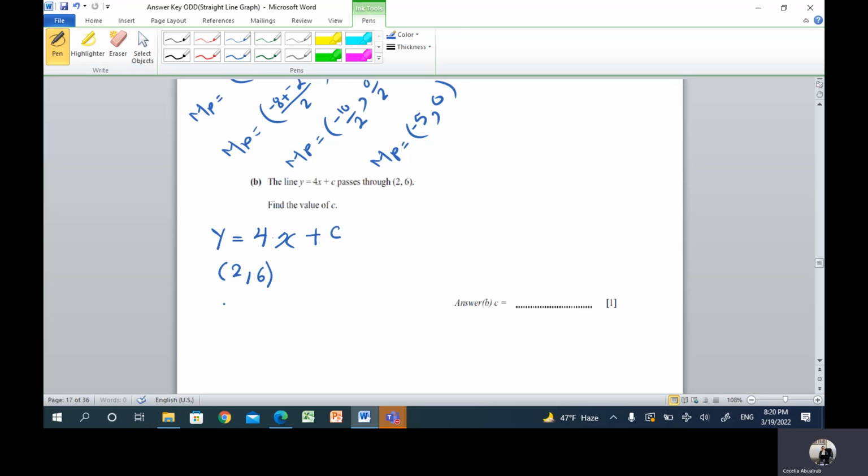So we're going to substitute y as 6 and x as 2. So 6 = 4 times 2 plus c.